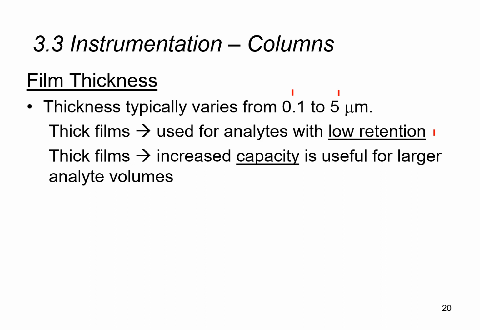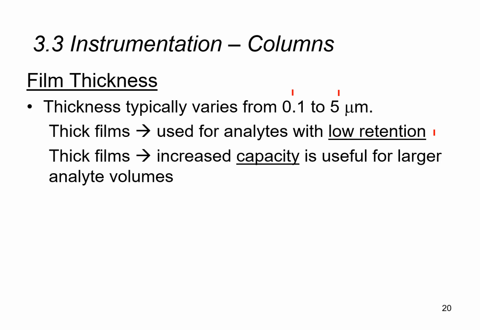So therefore, we may consider using a column with a thicker film so that we can encourage these components to interact a little bit more with the column, and therefore allow us to generate better separation. Of course, the opposite should be true. If we have analytes that are already very highly retained on the column, then we would try to use a column with a somewhat thinner film to reduce the retention time, so it doesn't take an incredible amount of time for the analysis to be complete.